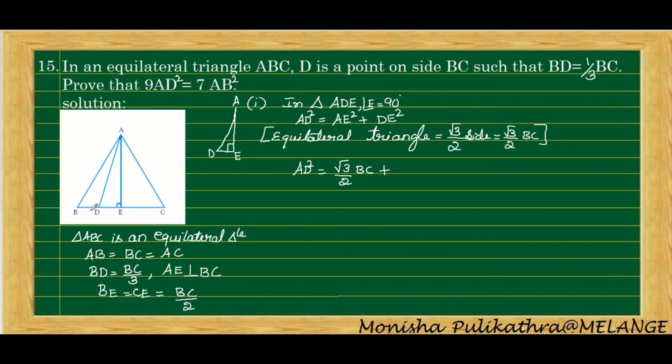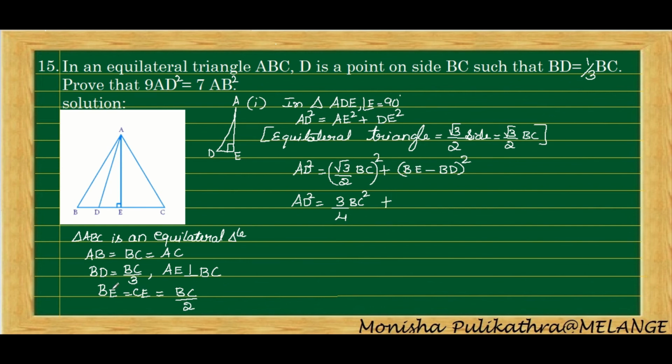So instead of DE, we can write BE minus BD, whole square. The square is for all the numbers. So AD square is equal to 3/4 BC square plus BE minus BD whole square.